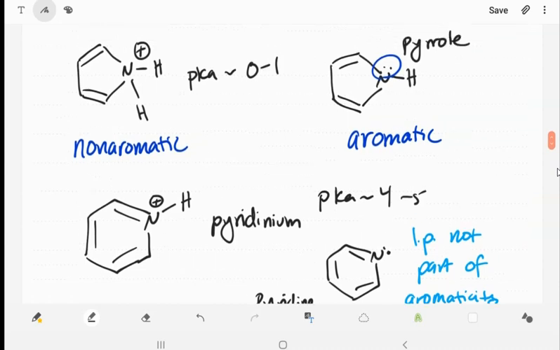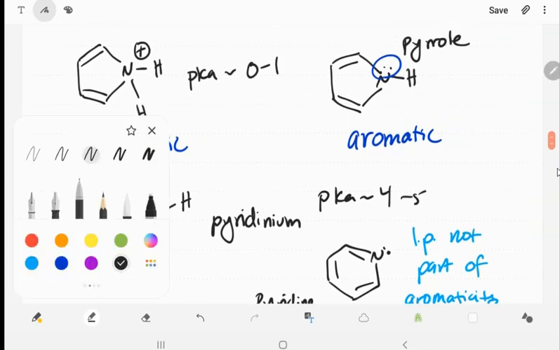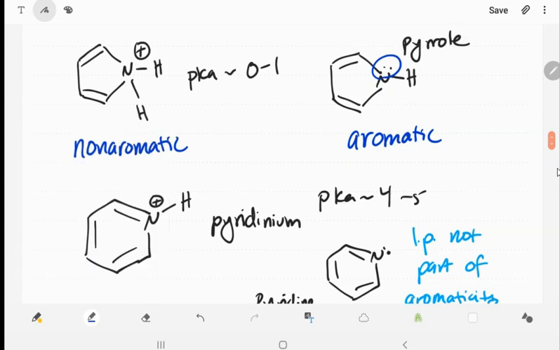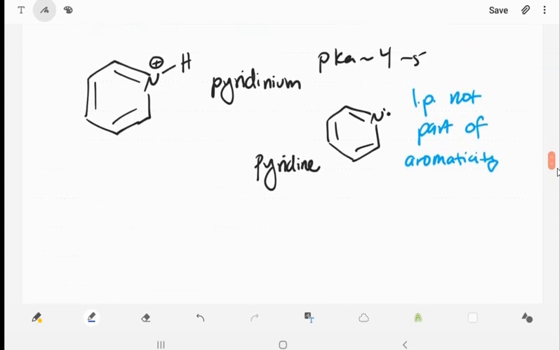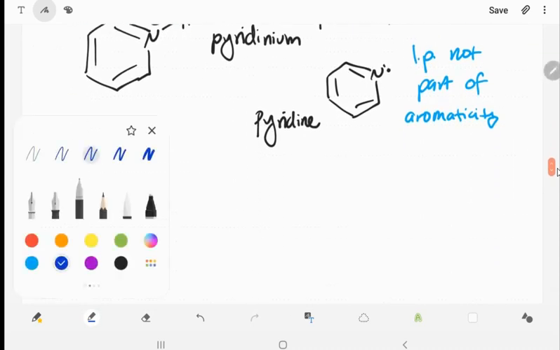But pyrrole, because the lone pairs are participating in the aromaticity, if you react those away, you end up with something far less stable. So there we have it. Alrighty. A couple more things about these. Let's look at a couple more examples.